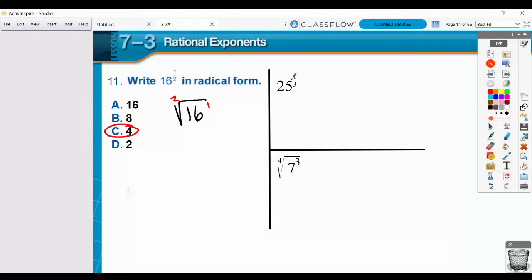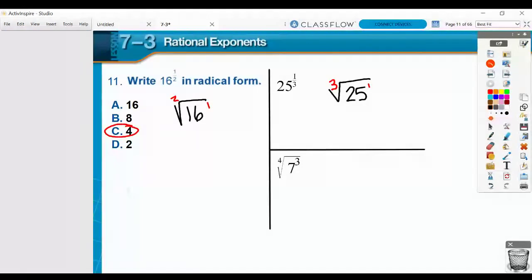Okay, for 25 to the 1/3, you'll draw a radical, put the base of 25 underneath, and then since this 3 is different than the 2, the 3 needs to be written in the corner of that little gap, and then you can write the 1 if you want to. So it's the cube root of 25.